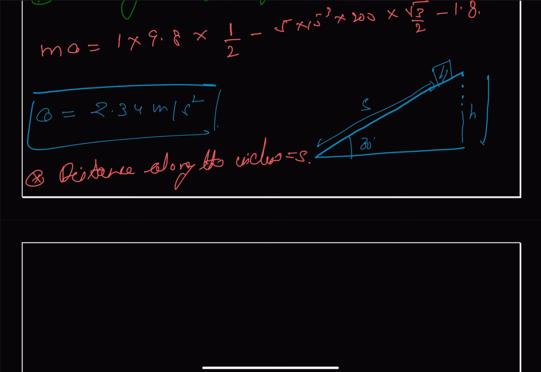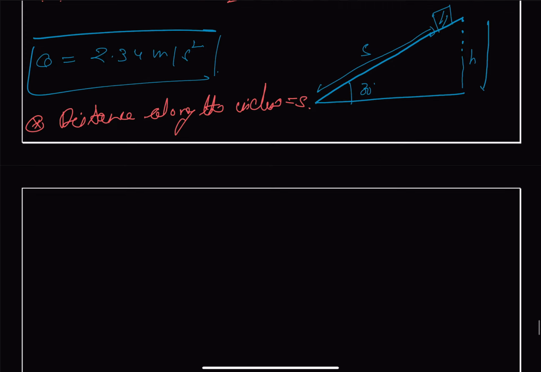So h upon s is equal to sine of 30. So s will be equal to h upon sine of 30. Height is given as 1, so this comes as 1 upon sine of 30, that is 1 by 2, which is about 2 meters.